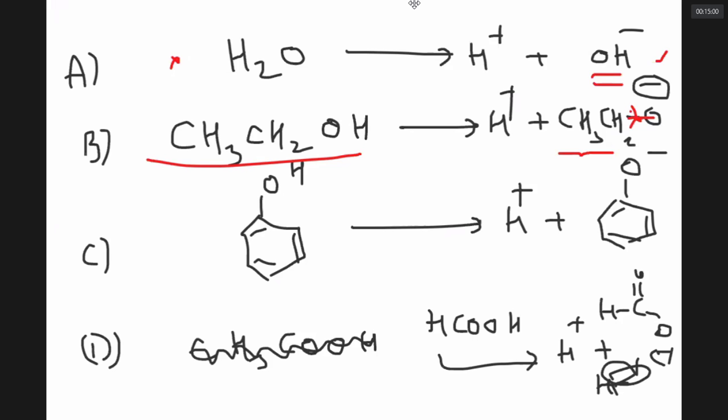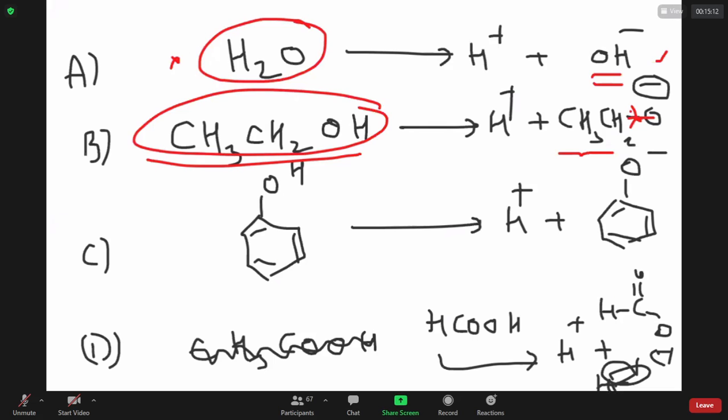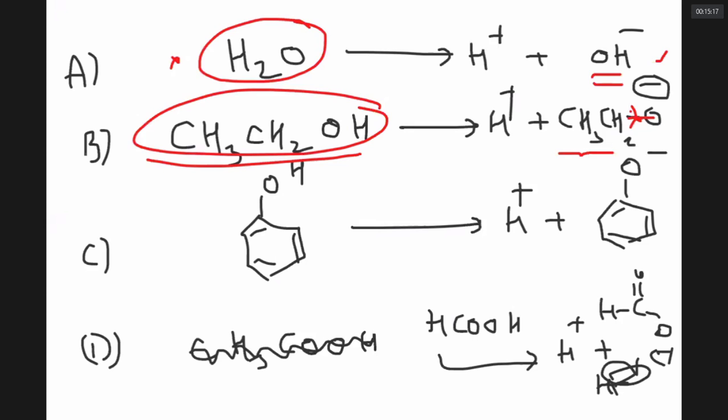Therefore, the ethoxide ion is destabilized by the plus I effect of the alkyl group. Hence, the ethoxide ion is not forming readily. Therefore, ethanol is a very weak acid when compared with water. Why is ethanol a weak acid when compared with water? Because the conjugate base formed, the ethoxide ion, is destabilized by the electron releasing inductive effect, plus I effect.